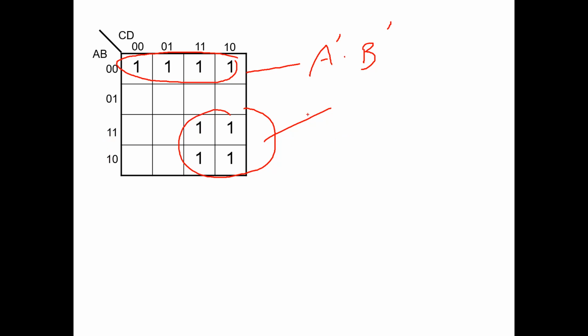Same one, right? So A and C. For B and D, different, then they do not appear in this term. So your function is this term plus this term: A prime, B prime plus A and C. Okay? Good. Next.